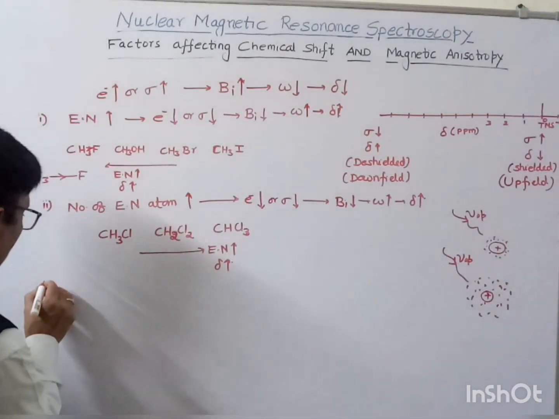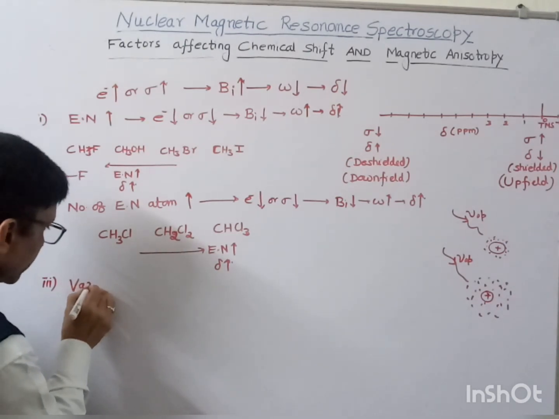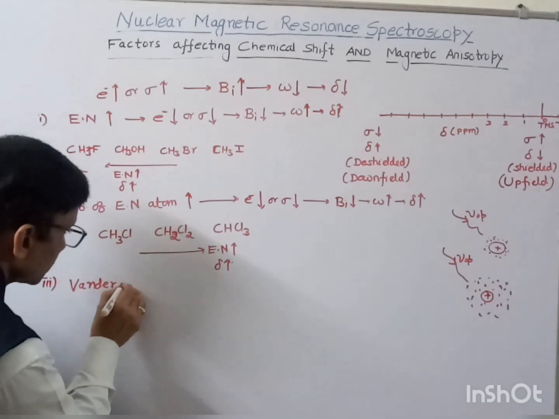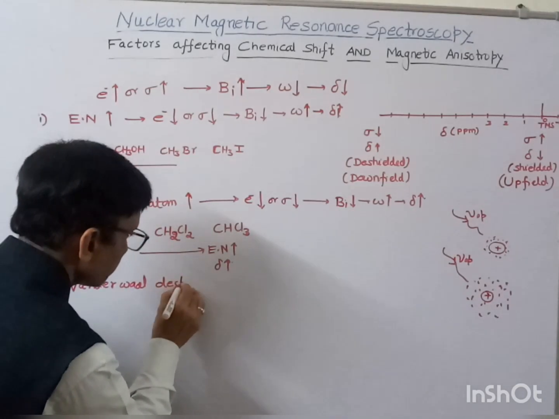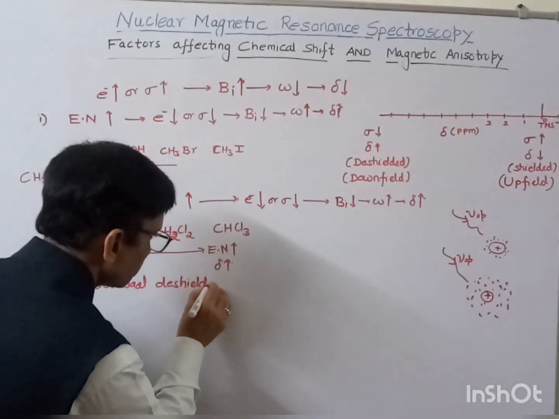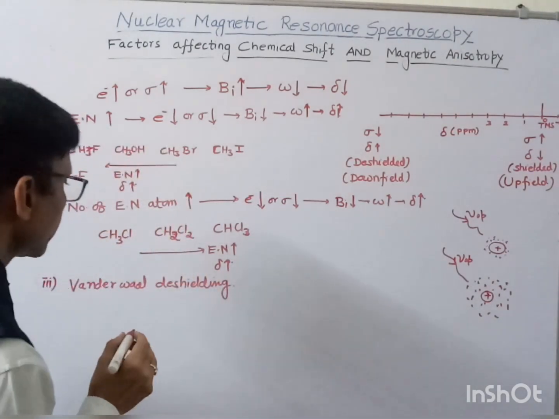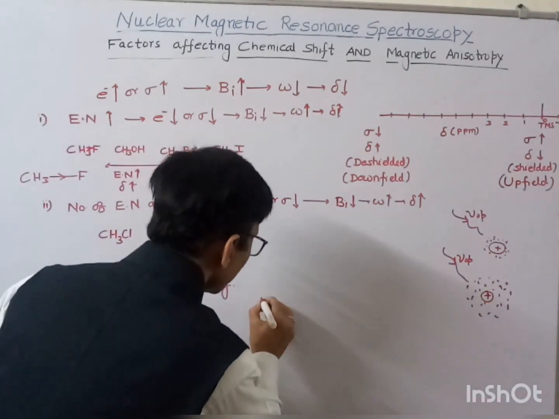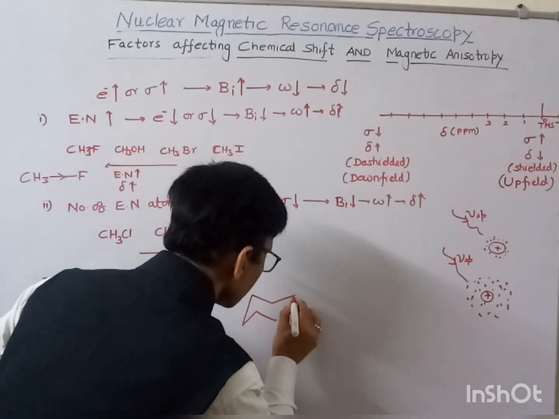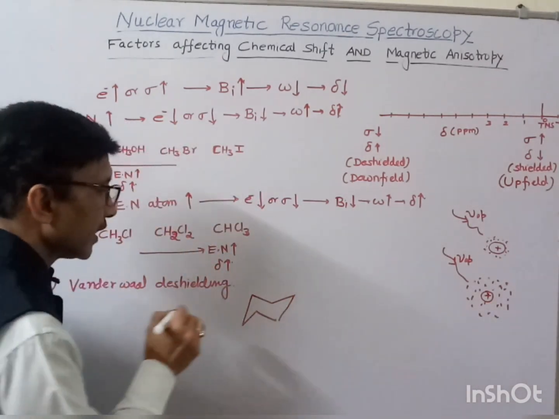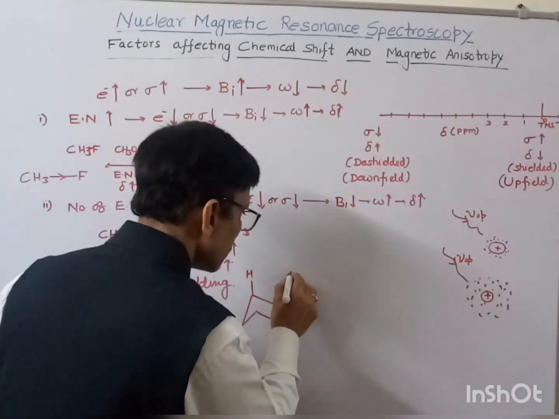So the next one is van der Waals de-shielding. Now, let us take an example. Suppose we have this cyclohexane and these are the two protons.